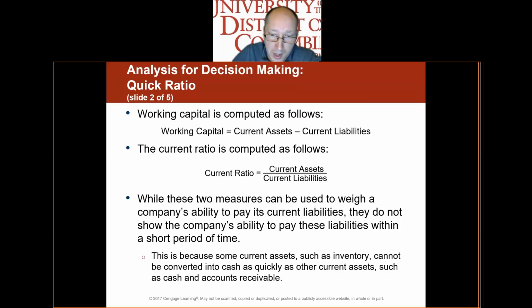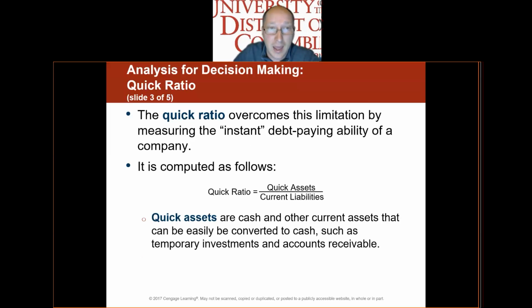Because sometimes current assets, like inventory, cannot be quickly converted to cash, unlike other current assets such as cash and accounts receivable, the ratio may not be as accurate. Inventory, which is technically a current asset, may not be quickly converted to cash. So the ratios might not be as helpful as they could be. They're still good though.